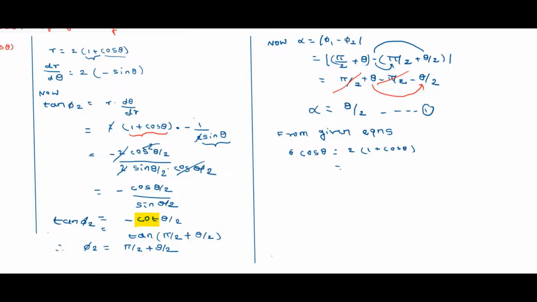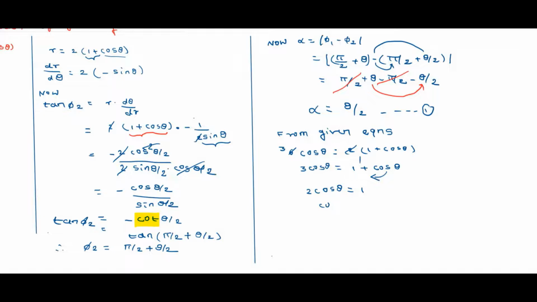If you simplify this right hand side, the 2s cancel and the threes cancel, so we are left with 3 cos theta is equal to 1 plus cos theta. Transpose this cos theta to the left hand side: 3 cos theta minus cos theta is equal to 2 cos theta, and on the right hand side we are left with 1.